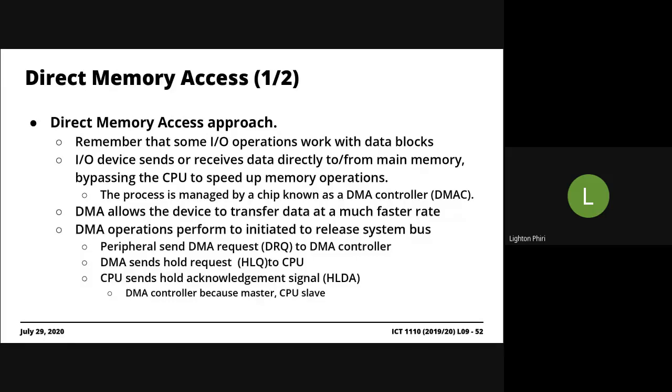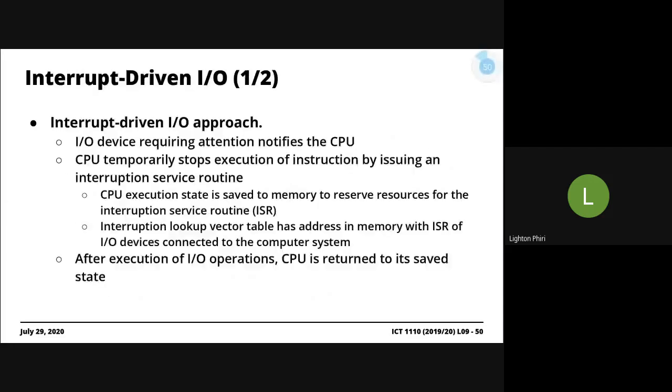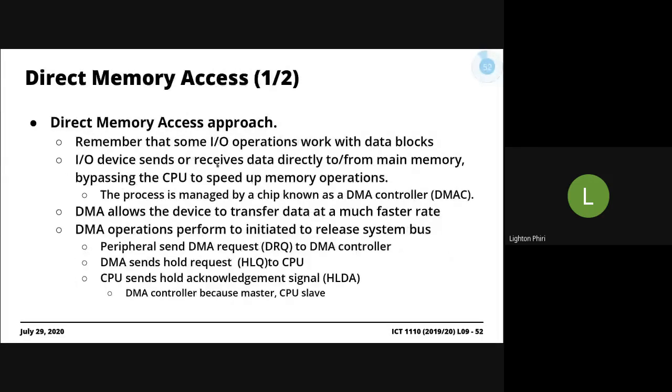The idea is that the device sends data, or references data, to the memory unit directly without involving the CPU. So the role that the CPU would perform in these two approaches would be performed by the direct memory access controller.